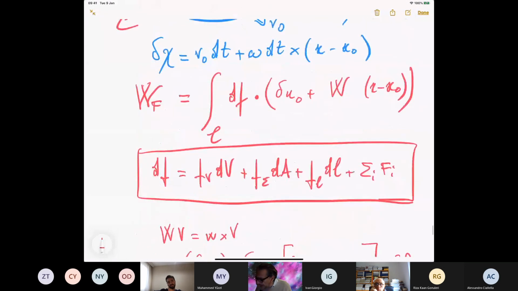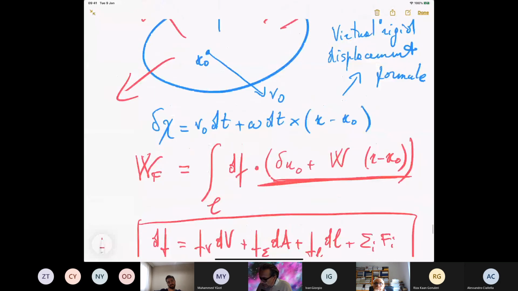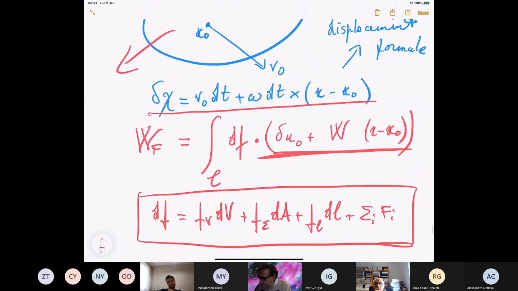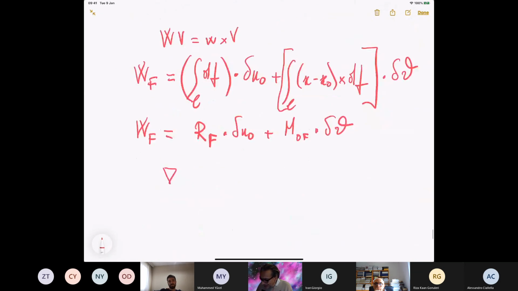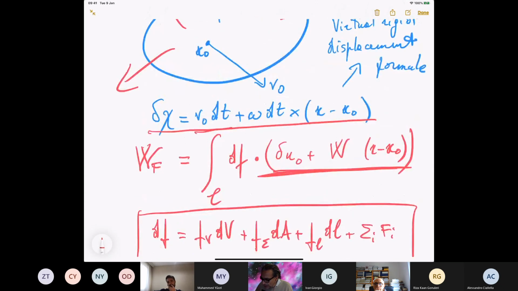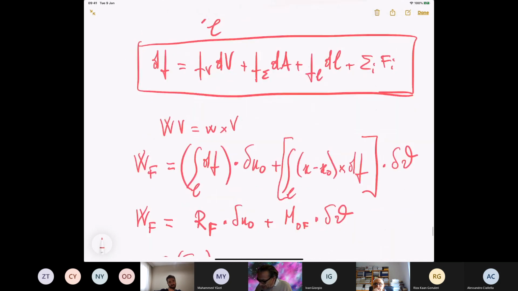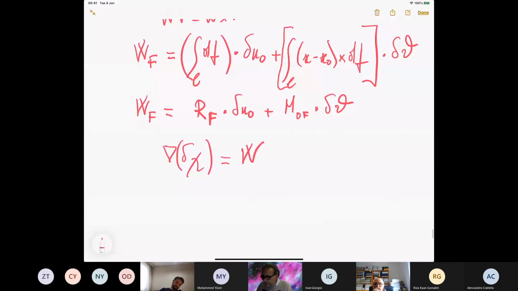Now, look here. Better, look here. What is the gradient of delta K? This is a constant, so its gradient is 0. And if you remember this expression, which is equivalent, this one, it is W. So the gradient of delta K is the skew symmetric tensor representing rotation.